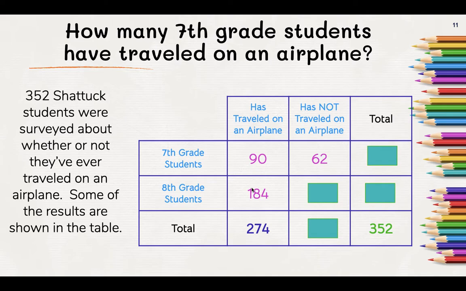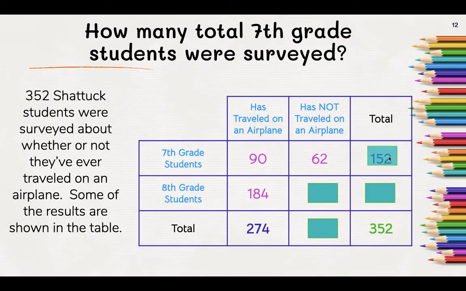All right, so let's move on to this one. So 7th grade students, how many total 7th grade students traveled on an airplane? Or, I'm sorry, 7th grade students were surveyed? Were 152.